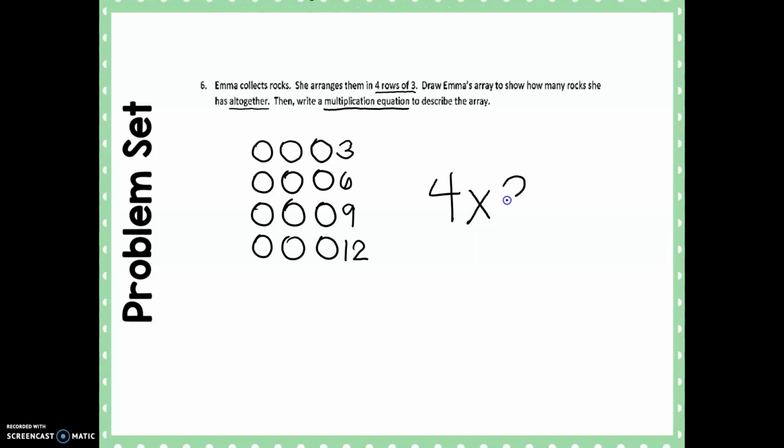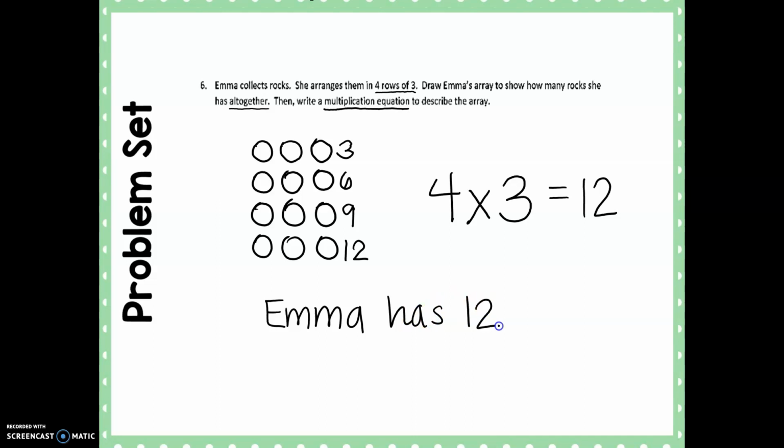So our problem's going to be 4 times 3, and when we skip counted the 4 rows of 3, we got 12. So we could say Emma has 12 rocks all together.